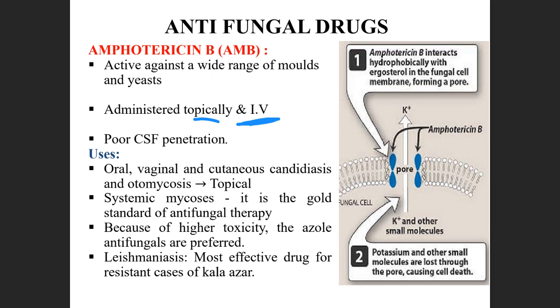So basically this opens the potassium channel of the fungus, and the excess potassium is removed from the fungal cell body, which may lead to the death of the cell. It is used topically in oral fungal infections, vaginal thrush, cutaneous candidiasis, and otomycosis.